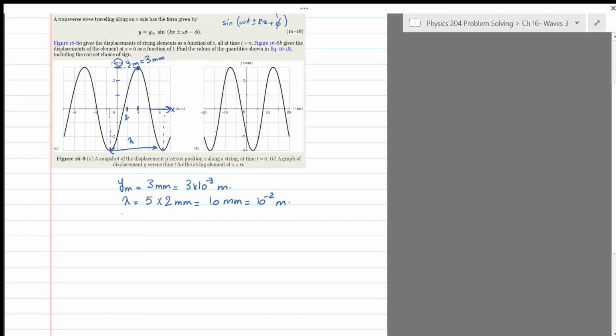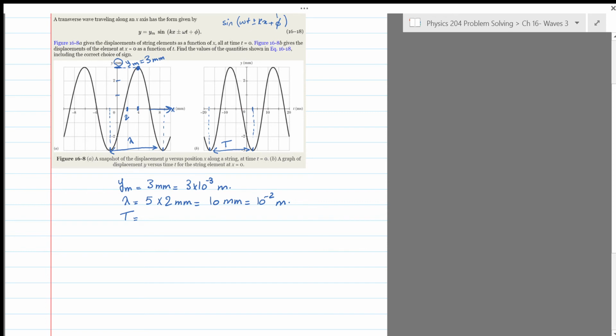From graph B, we can find the period T. So graph B, on the x-axis, we have the time. So we can tell that the distance between two peaks will give us the period T. So we can look at these two troughs here. This is the period T. The first trough starts from here. Second one is here.